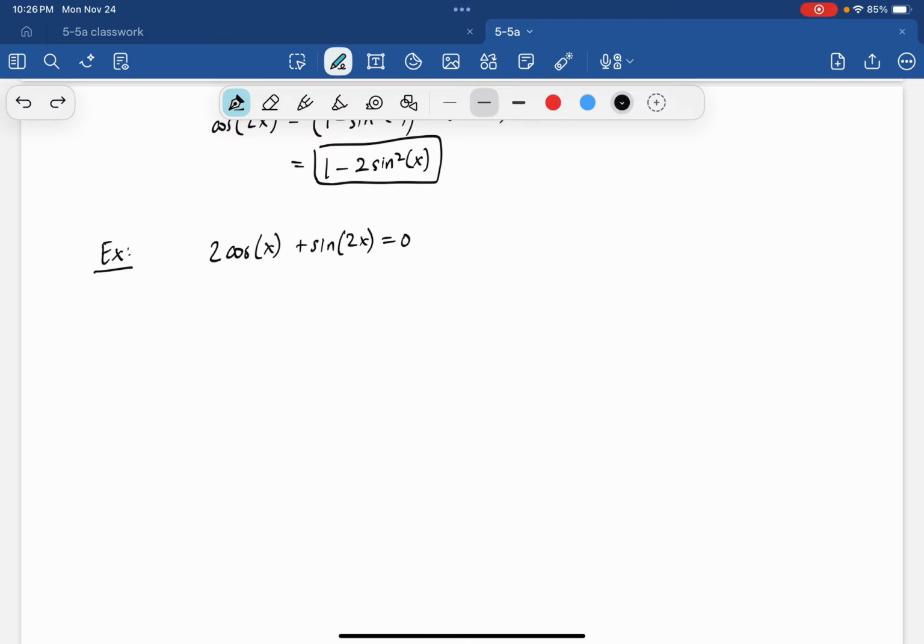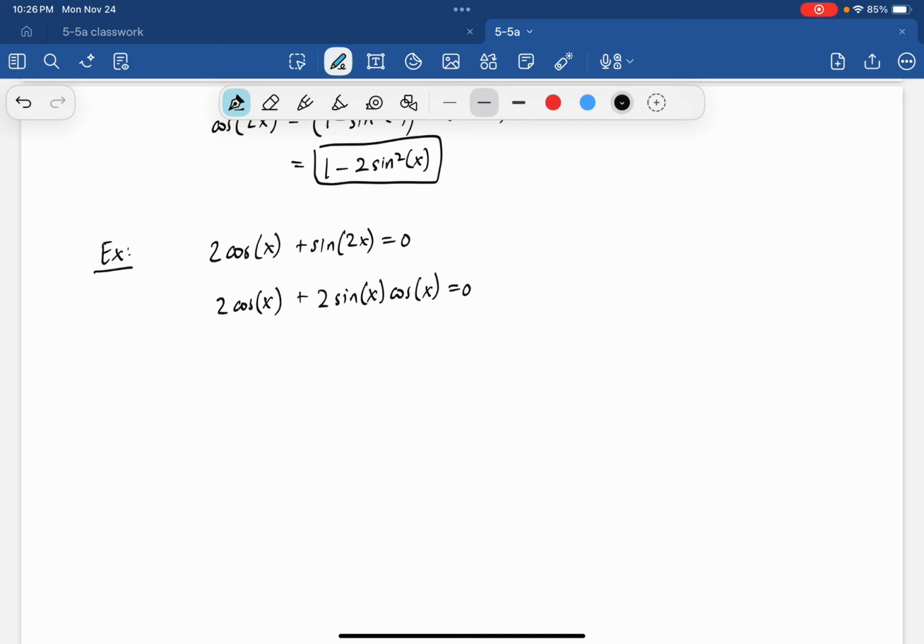And so we're going to replace that sine 2x with a 2 times sine x cosine x. So that becomes 2 cosine x plus 2 sine x cosine x. And now we've successfully written everything in terms of only sine x and cosine x. No more double angles. And so that's something that's much easier for us to work with when we want to solve for x.